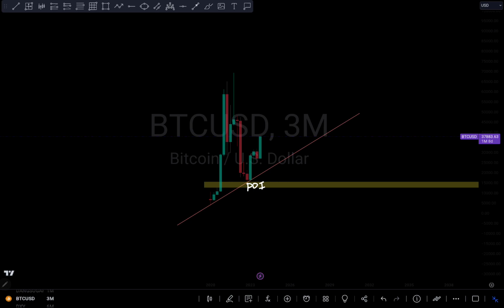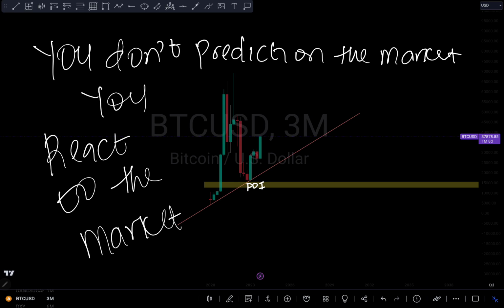There's always a saying in the market that says you don't predict the market, you react to the market. That's a saying that I think everyone should know. Don't be stuck to what you think will happen, right? Yes, I think prediction just makes it a little bit easier for you to know exactly what you want in the market.